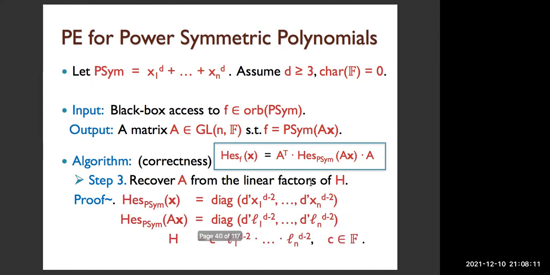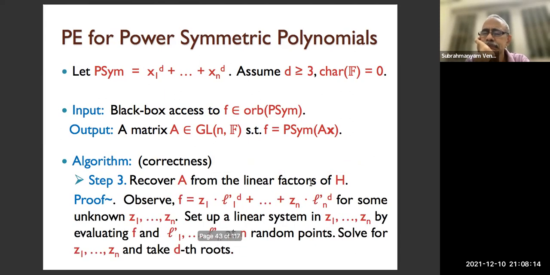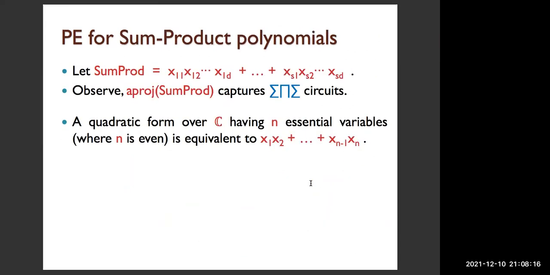Okay. Good. So now that we have talked about the Hessian, let's see how far we can push it. There's another nice polynomial, the sum product polynomial, which is the sum of monomials like this: x11, x12, up to x1d, and they're disjoint. All the variables are totally disjoint. Notice that any depth-3 circuit is an affine projection of this sum product polynomial, because you just replace the variables by arbitrary affine forms, and you get a depth-3 circuit.